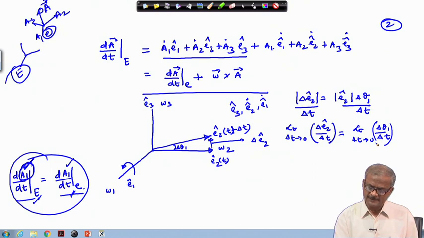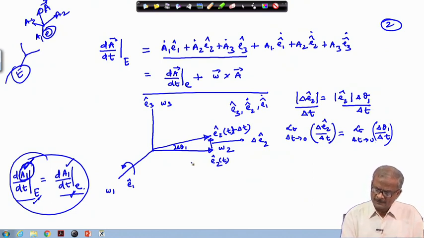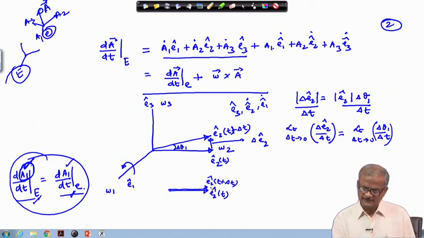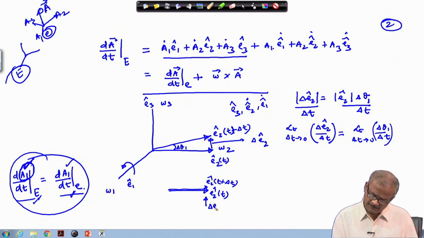And what will be its direction? This is the vector E2 cap at t, and if delta t tends to 0, delta theta will also become very small, and E2 cap at t plus delta t will lie over the same vector. So, the change, this delta E2, will be perpendicular to this E2 cap vector.